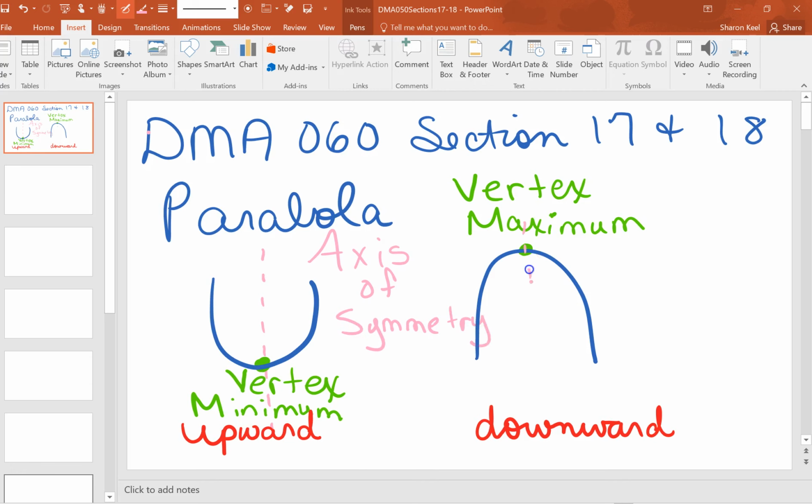Let me do the axis of symmetry on this one here also, okay? So the blue figures are parabolas, opening either upward or downward. The vertex is either the lowest point called the minimum or the top point called the maximum. And the dashed line that I drew, dividing them in half, is called the axis of symmetry. Okay?